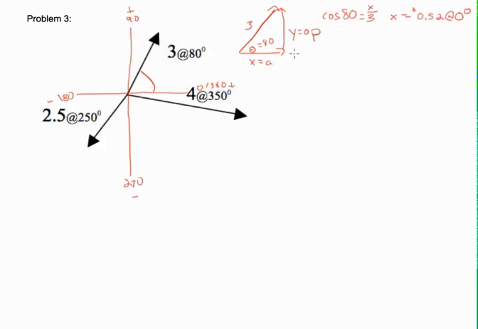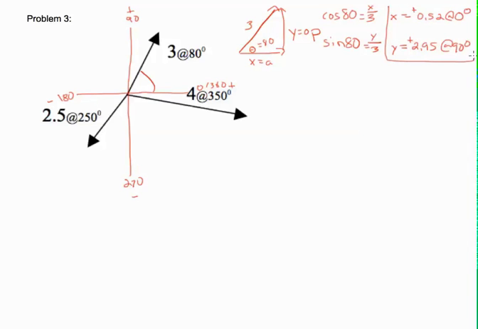And for y, we'll do sine of theta equals opposite over hypotenuse. And we get 2.95. I'm going to leave it at 2.95 and not round it down smaller so that we can see it's not quite the same as our hypotenuse. And because this is pointing towards 90, it's positive. 2.95 at 90 degrees. So that's one set.